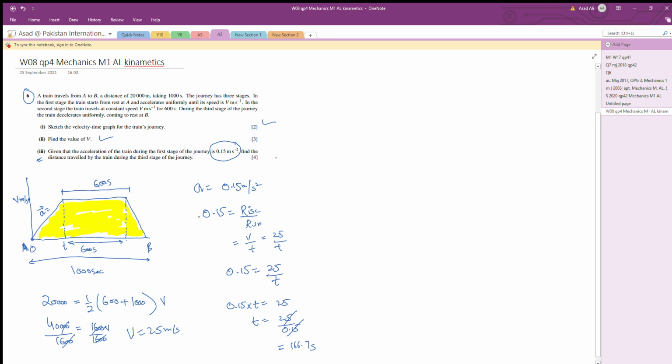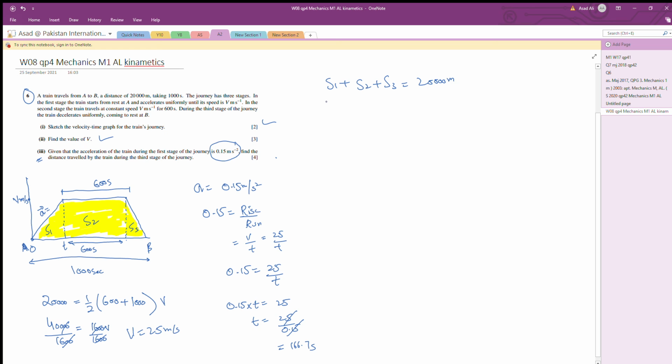Now they say find the distance traveled by the train during the third stage. This is stage 1, stage 2 and stage 3. So stage 1 plus stage 2 plus stage 3, the total distance traveled is 20,000 meters.